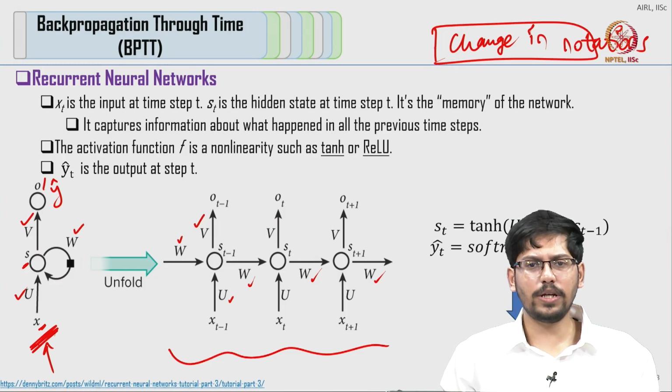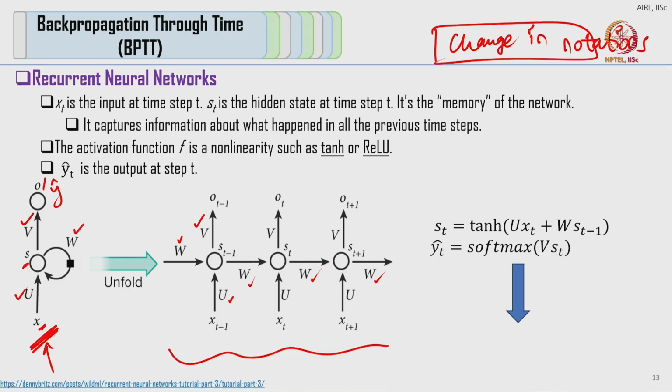Let us look at the equations where we define St, which is the hidden state. This hidden state can be represented in a similar manner we saw even in the previous example, which is tanh of U xt plus W st minus 1, right.